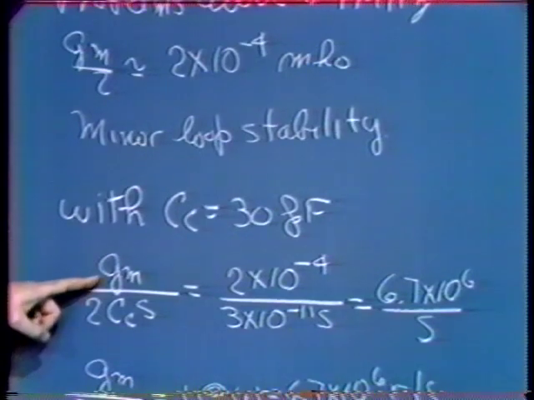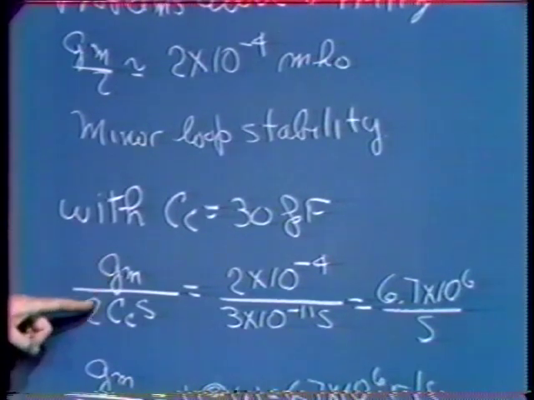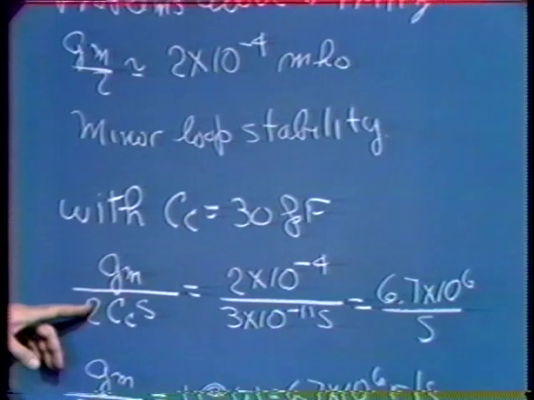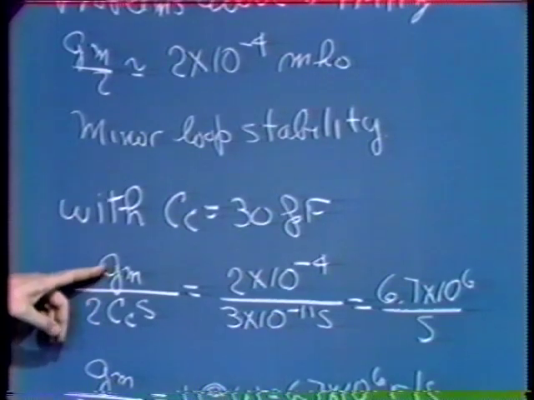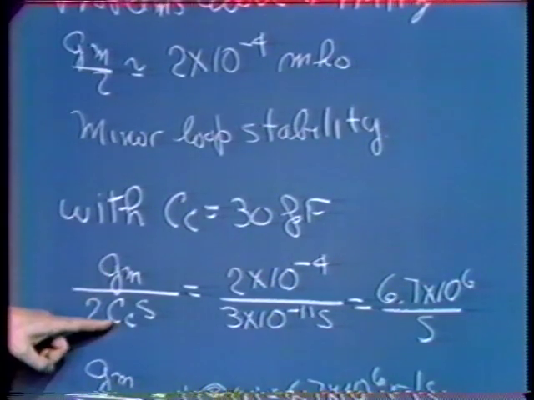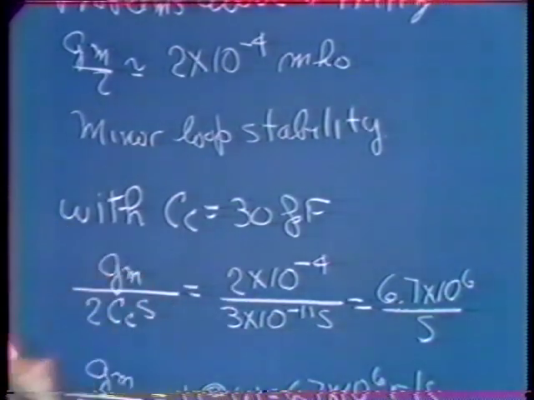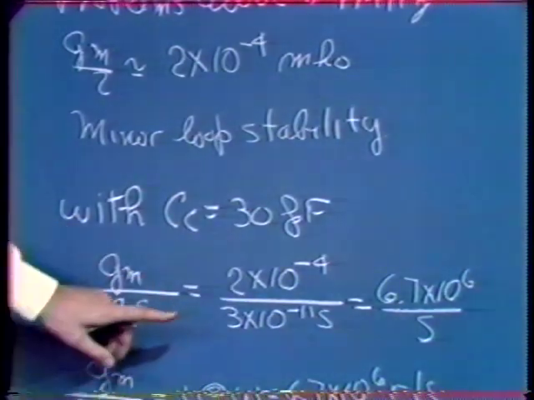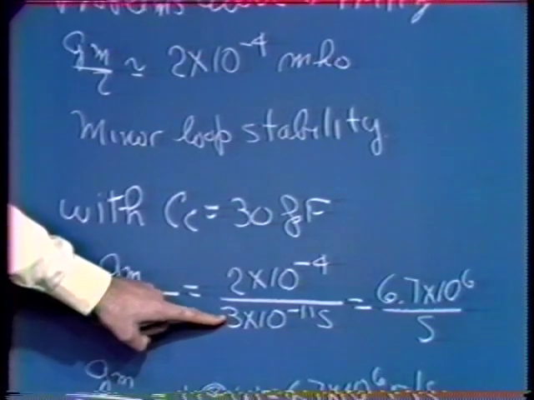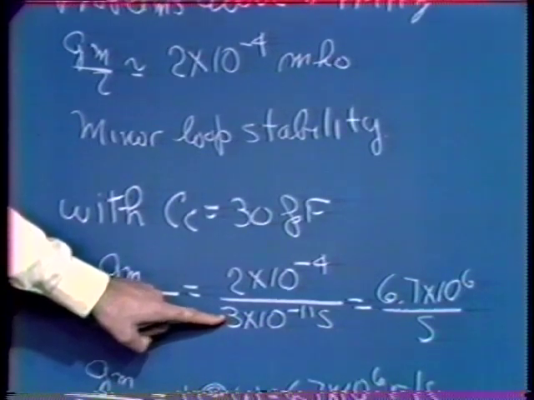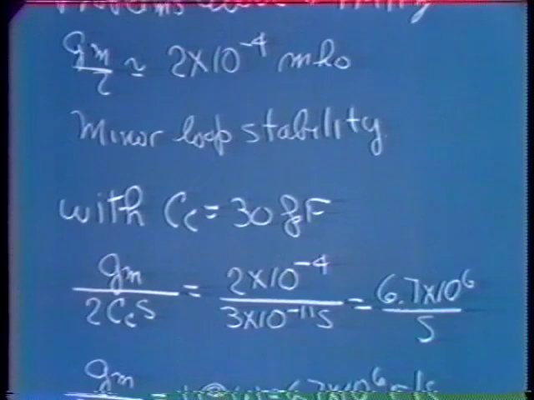The transconductance of a 741 input transistor is the same as for the 101A, and consequently the quantity G sub m over 2 times C sub c is equal to G sub m over 2, or 2 times 10 to the minus 4th mhos, divided by 3 times 10 to the minus 11th farads in the case of a 30 picofarad capacitor.